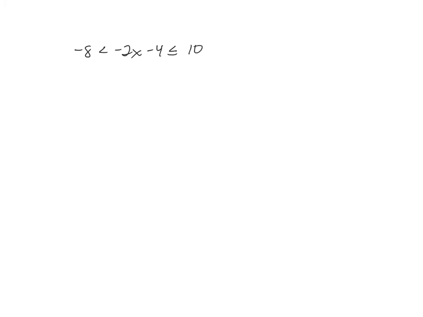This would be, I think, the hardest one to do, but start by adding 4 to all directions. So we get negative 4, negative 2x, and 14. And then we'll divide by negative 2.